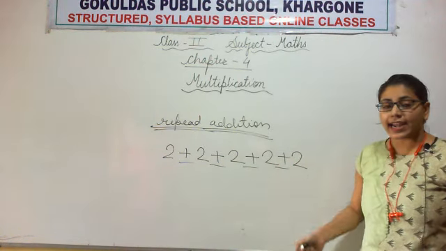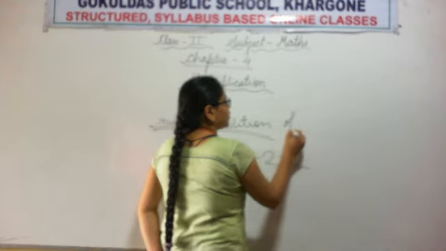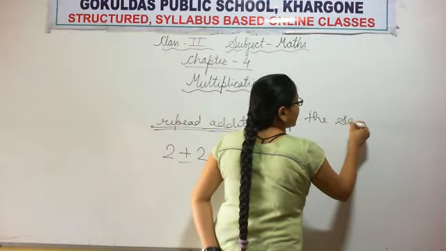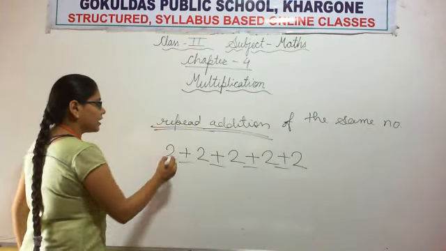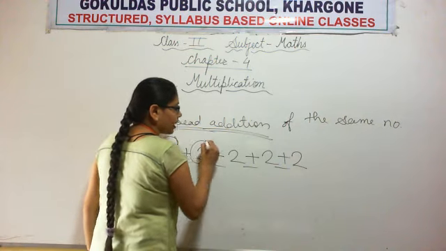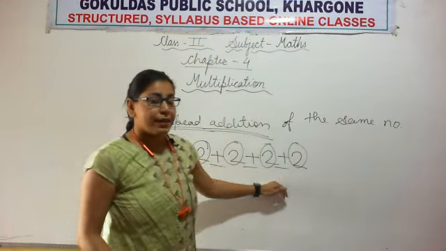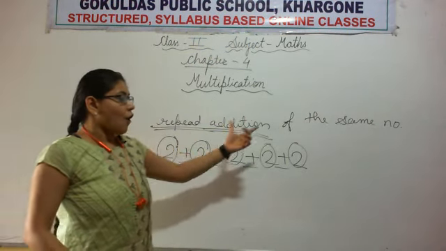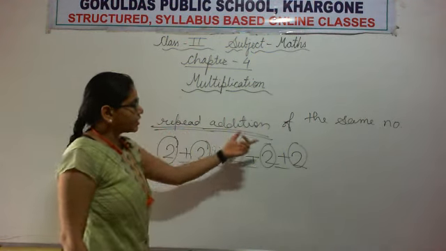Now, repeated addition of the same number. See, look here. The number 2, number 2, number 2, number 2, number 2. All the numbers are the same. So what do we mean by repeated addition of the same number?